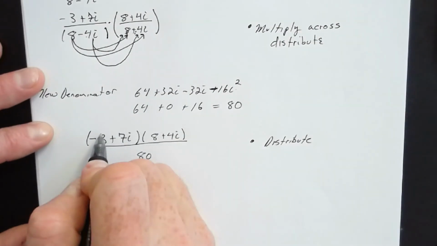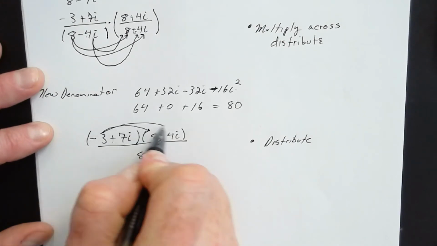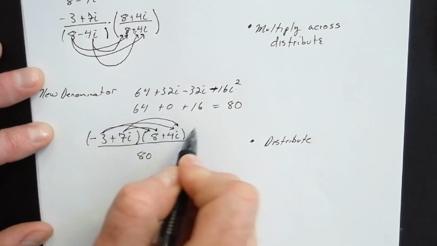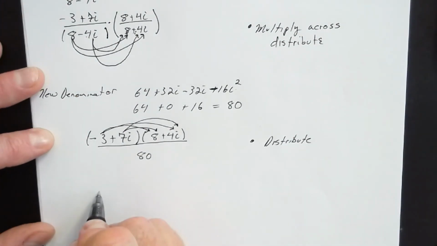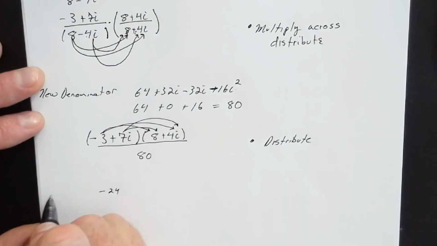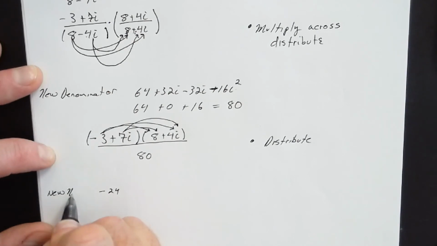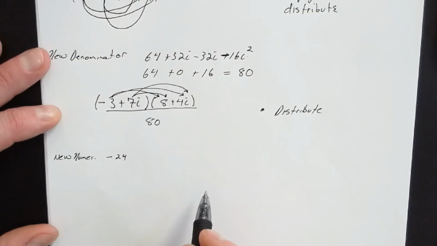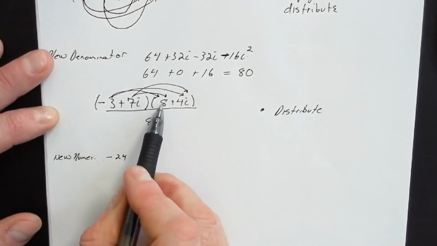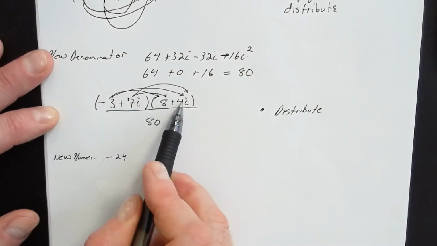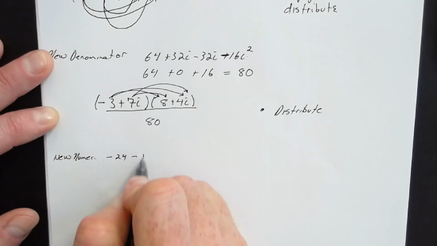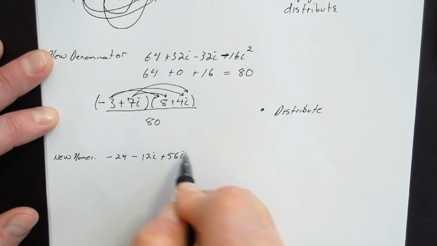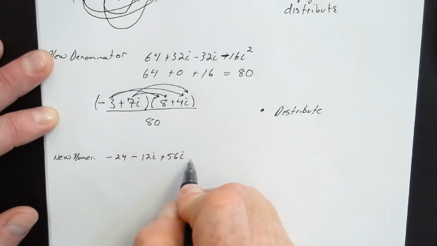The new numerator is going to be minus 24 minus 12i plus 56i plus 28i squared.